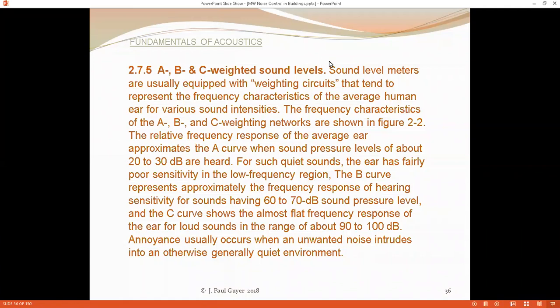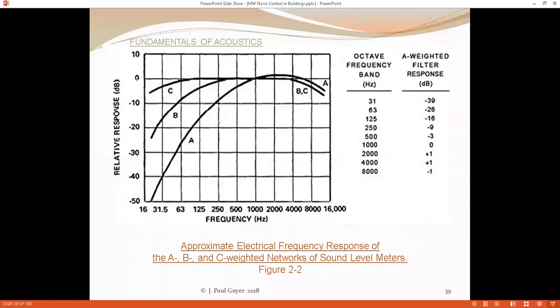And so these sound level meters are constructed with acoustic filters in them. There are two knobs on the typical sound level meter.